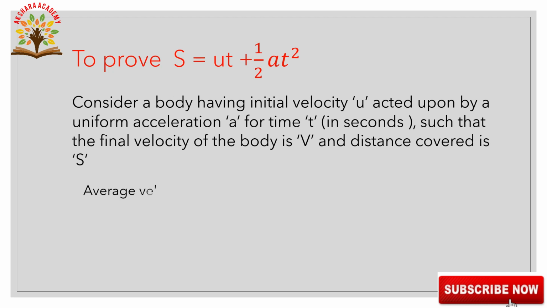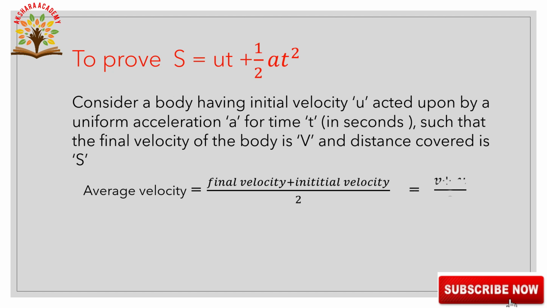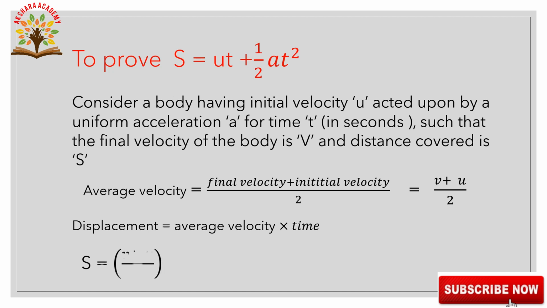Now average velocity is equal to final velocity plus initial velocity by 2, that is v plus u by 2, and displacement is equal to average velocity into time, that is s is equal to (v plus u) by 2 into t. But v is equal to u plus at.